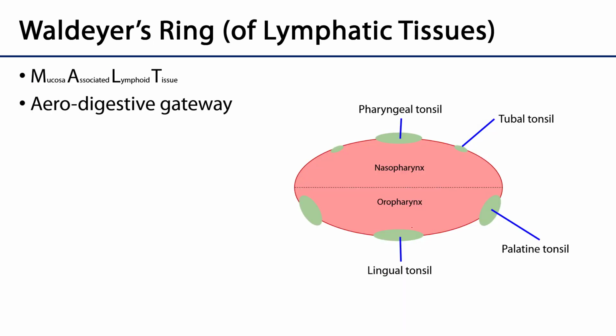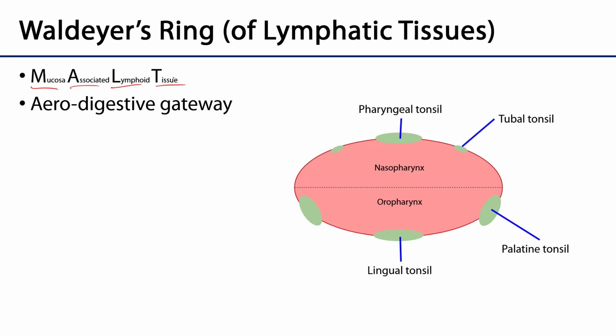Now, we've talked a little bit about masses of lymphoid tissue. These are all MALT tissue, or mucosa-associated lymphoid tissue, and they form a ring about the airway throughout the pharynx called Waldeyer's ring.